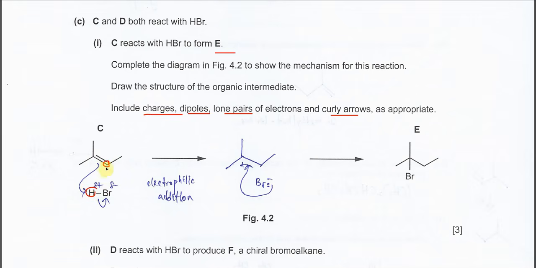When this hydrogen bonds to this carbon, the other carbon is now charged positive because it is electron deficient. So it forms this intermediate, and the bromide that was produced will attack this positively charged carbocation and form E. So this is the full mechanism, and it's 3 marks.